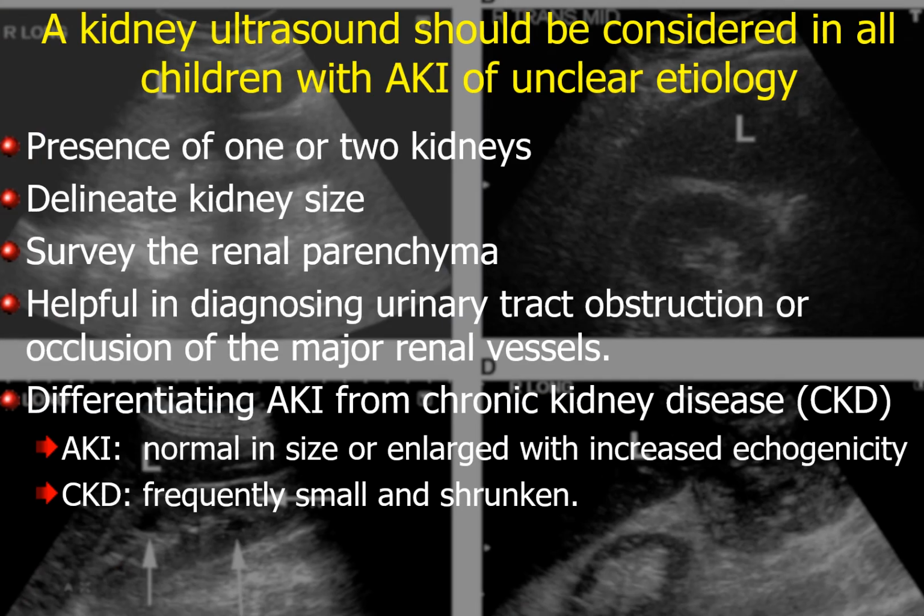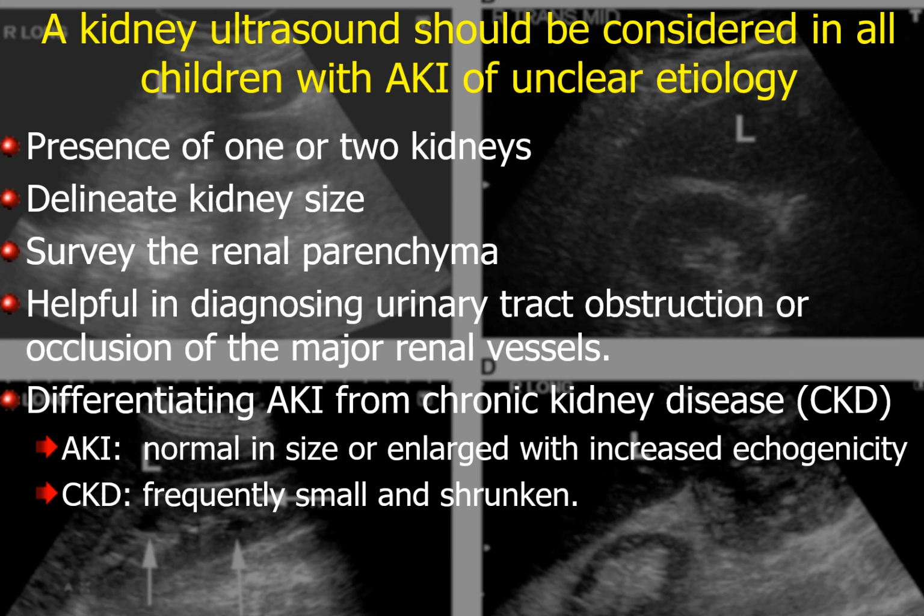When is kidney ultrasound indicated? Kidney ultrasound is only considered when the etiology of AKI is unclear. It can document the presence of one or two kidneys. It can delineate kidney size, and it's very useful for surveying the renal parenchyma. It is also particularly helpful in diagnosing urinary tract obstruction or occlusion of the major renal vessels.